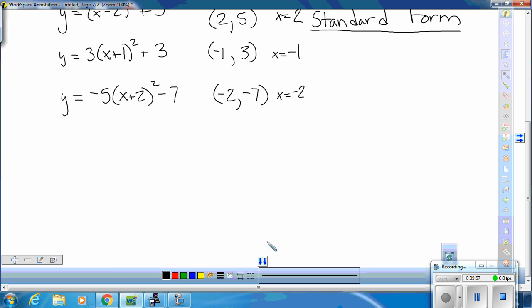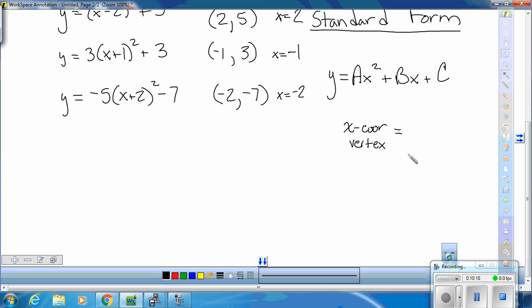So how can I use that to my advantage with standard form? Well, if I have y is equal to ax squared plus bx plus c, if I want to figure out where the x coordinate of my vertex is, now this is not the whole vertex, please be aware, this is just the x value of the vertex.